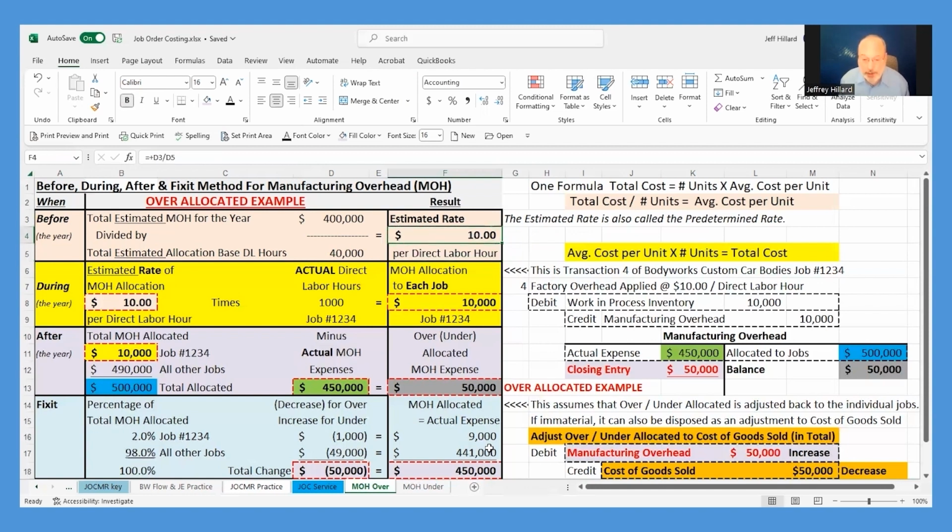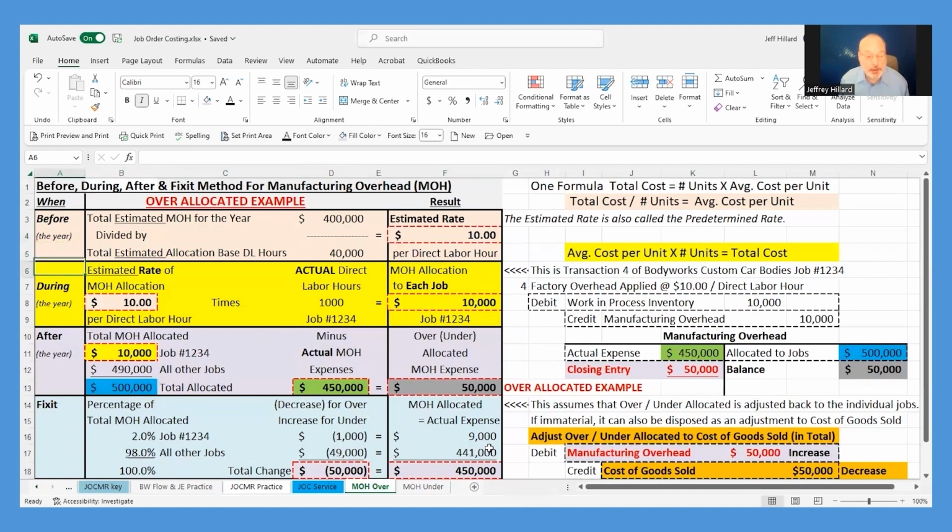So in other words, every time somebody works an hour on a job, in addition to the wages, we're going to charge that job $10 of manufacturing or factory overhead to come up with the total cost of the job.